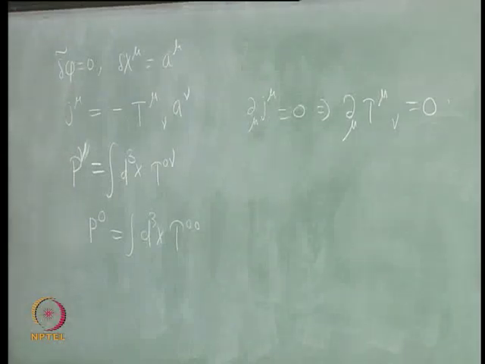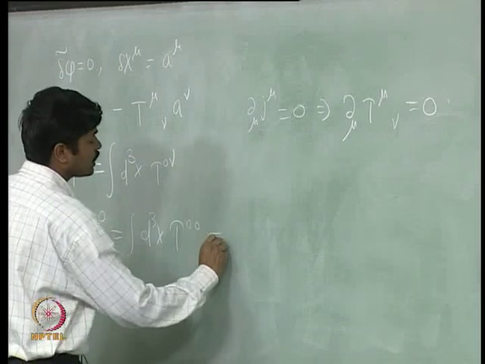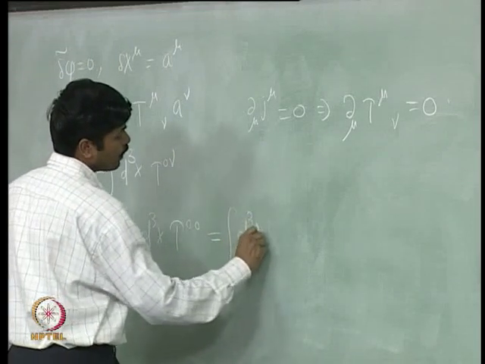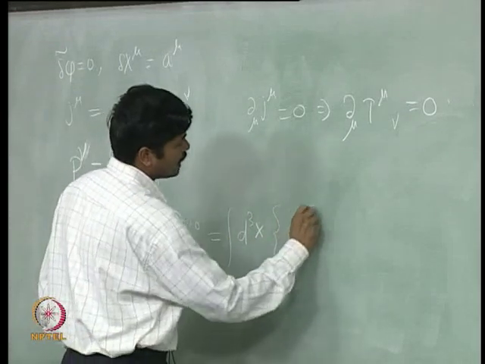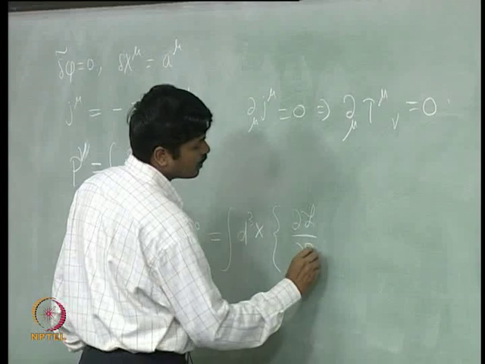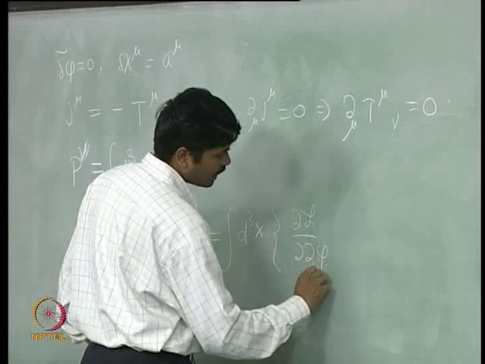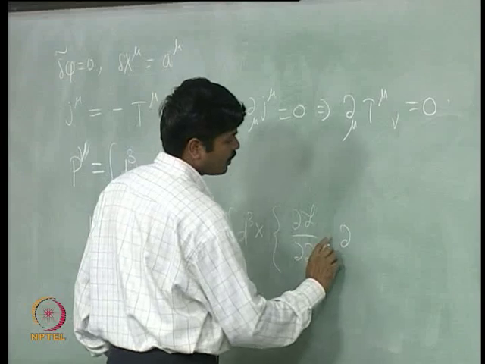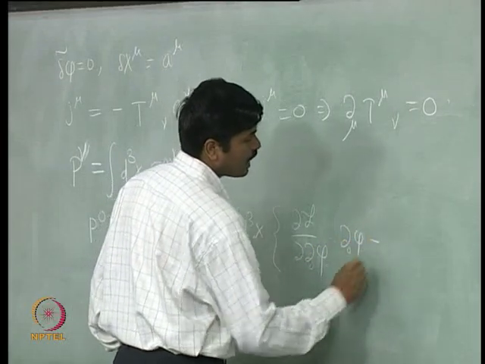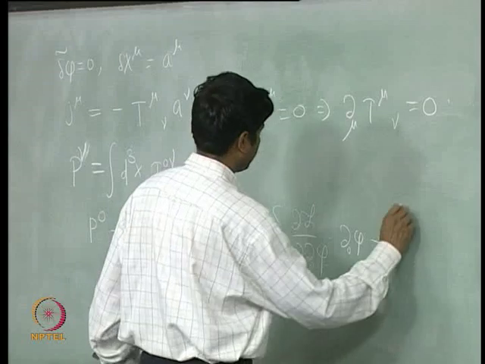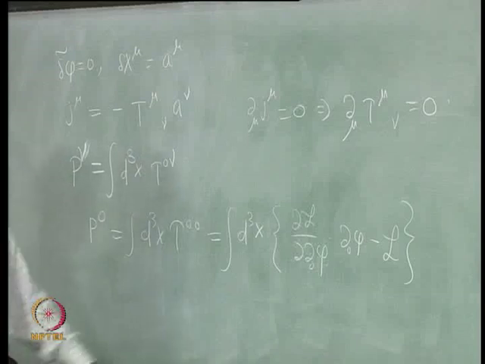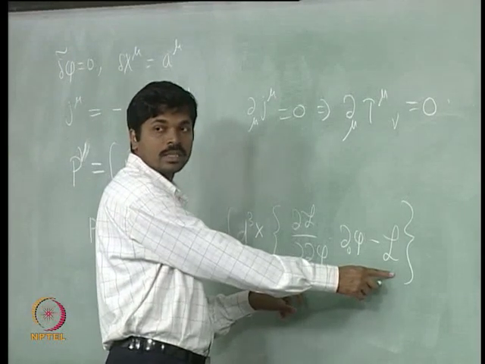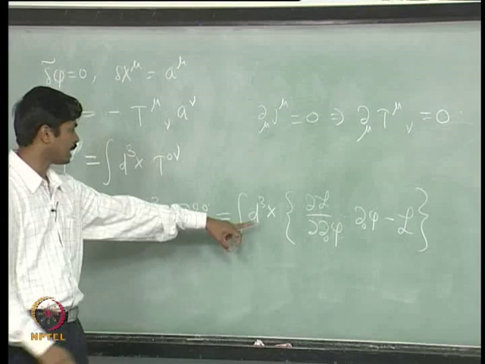What is T^0_0? If we look at the expression for T^μ_ν, this is nothing but ∫d^3x [∂L/∂(∂_0 φ) ∂_0 φ − L]. What is this quantity? This is the Hamiltonian density and this is integrated over the entire space.